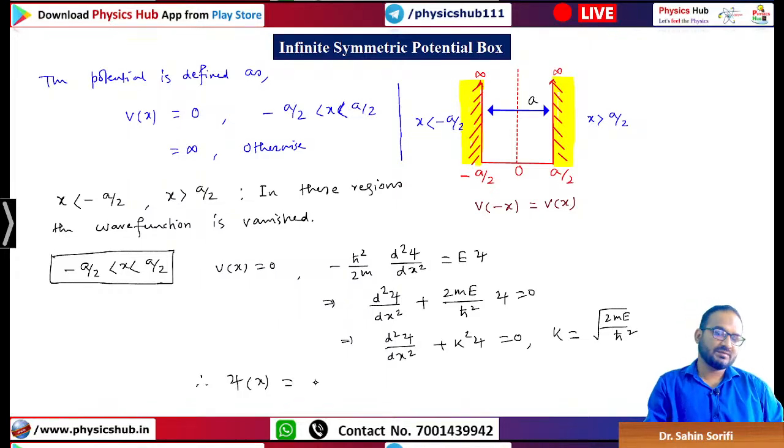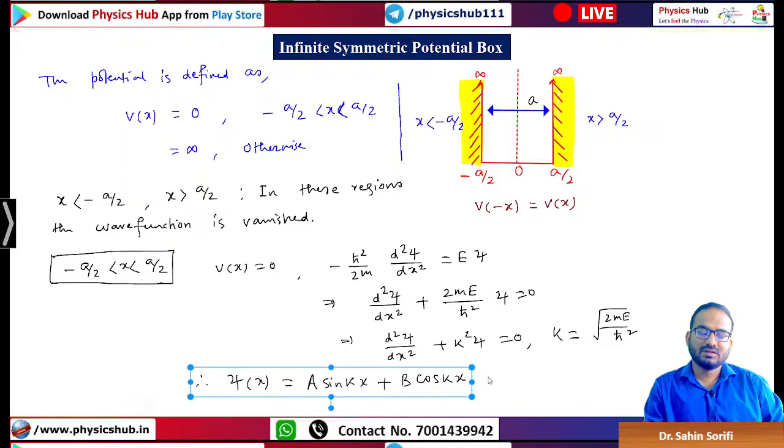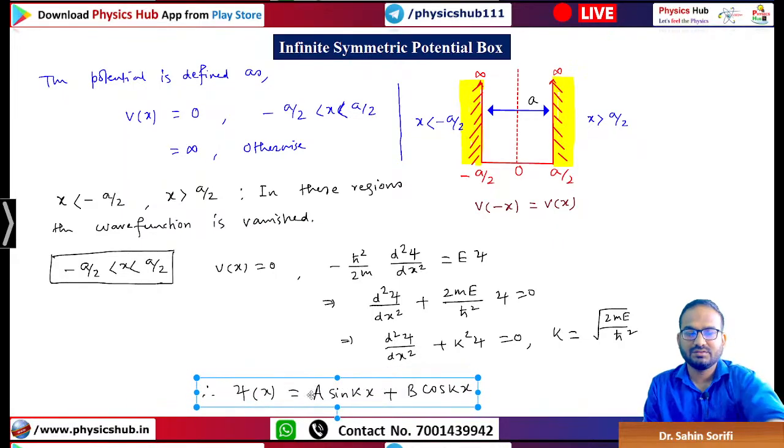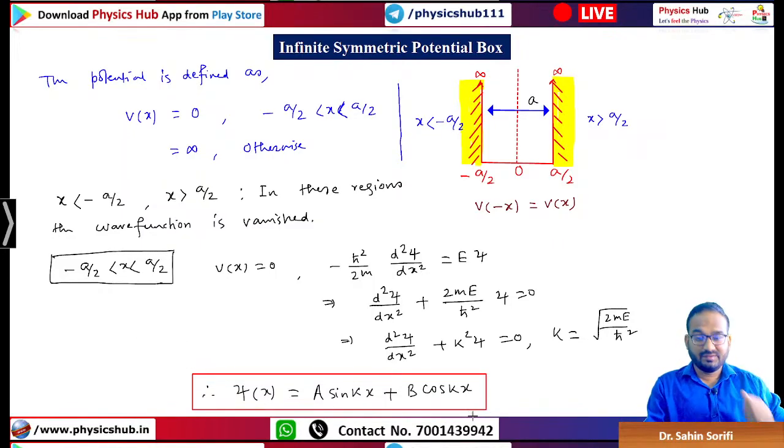I am not writing in terms of exponentials, I am writing in terms of sine and cos: a sine kx plus b cos kx. Now the interesting part is this solution will depend on the parity. For even parity we will have some solution, and for odd parity we will have some other solution.